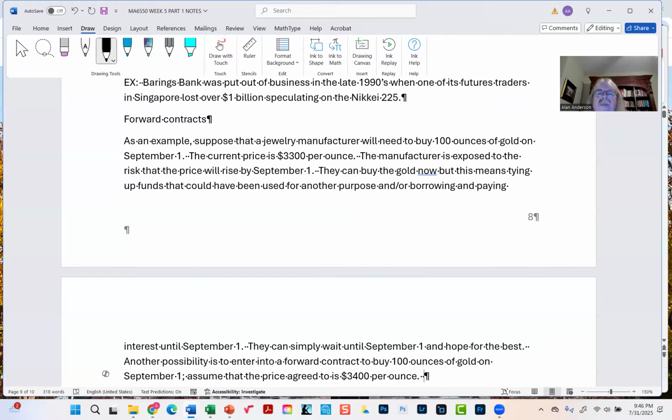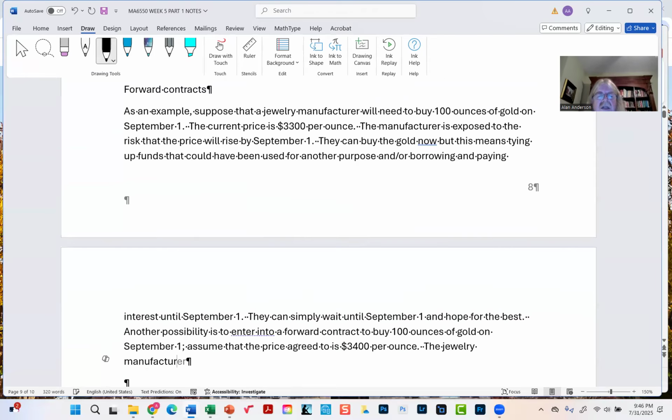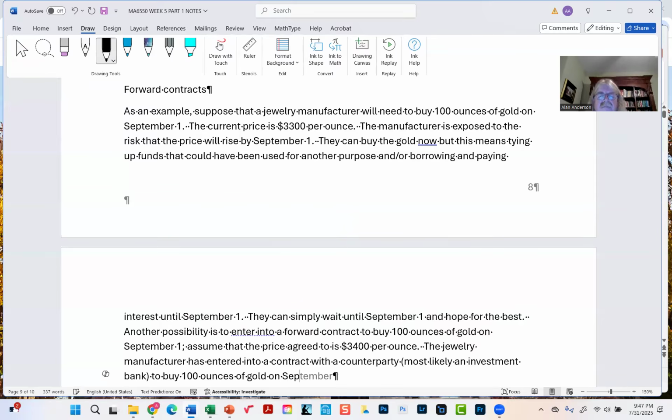So in other words, the jewelry manufacturer has entered into a contract with a counterparty, most likely an investment bank, to buy 100 ounces of gold on September 1st for $3,400 an ounce.